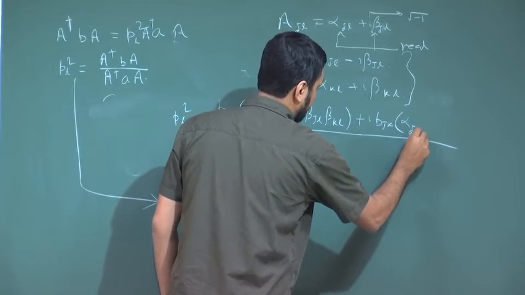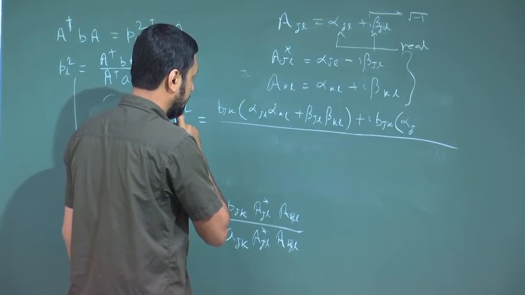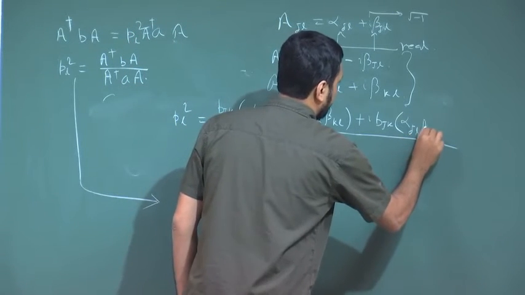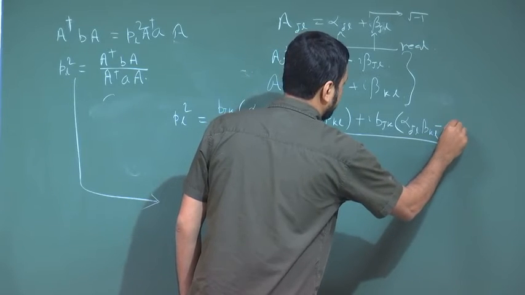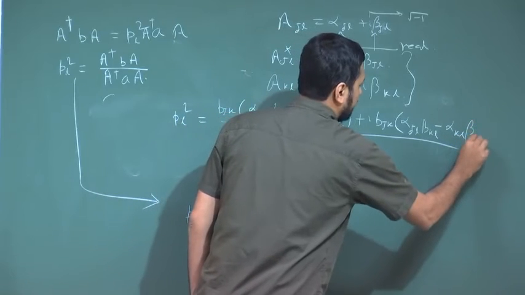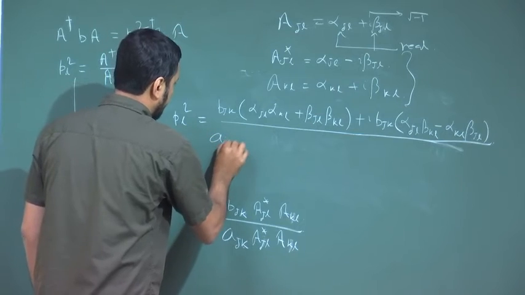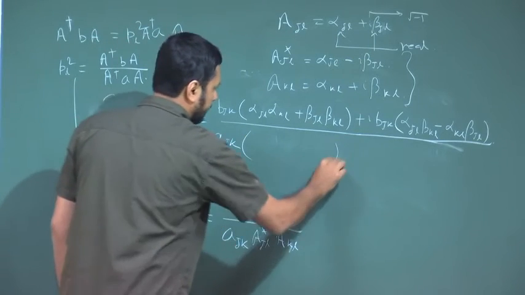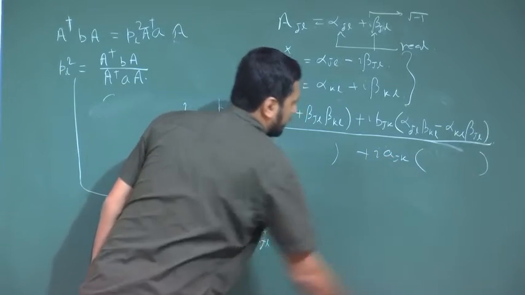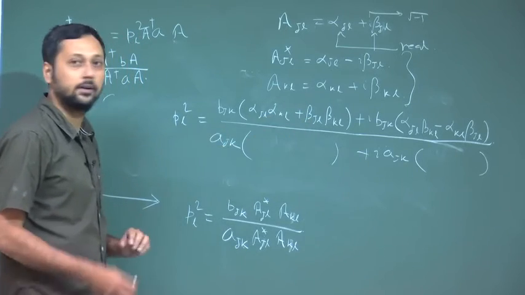It will be i (alpha_jl beta_kl minus alpha_kl beta_jl), divided by a_jk, the same term. So, it is identical terms in numerator and denominator.